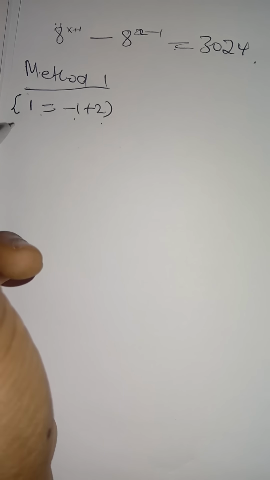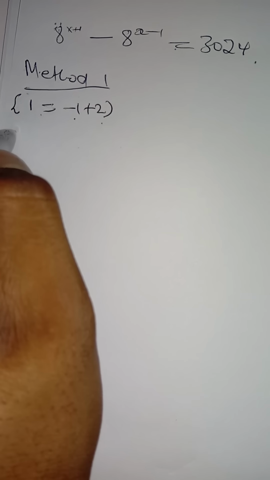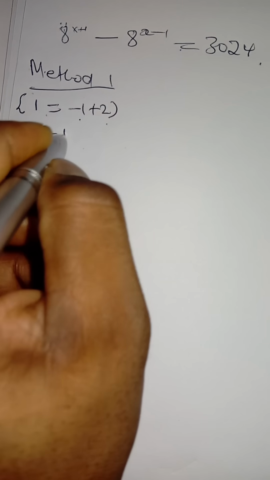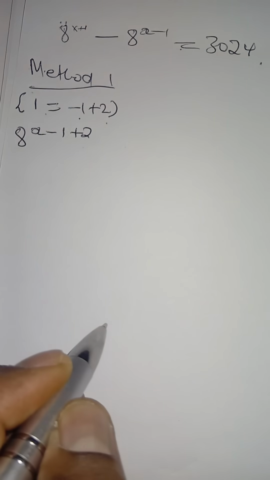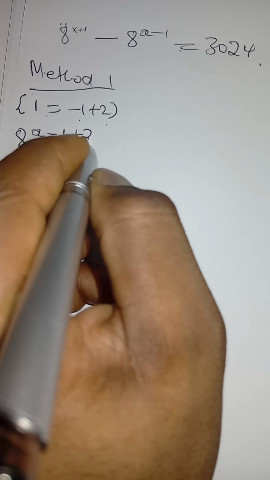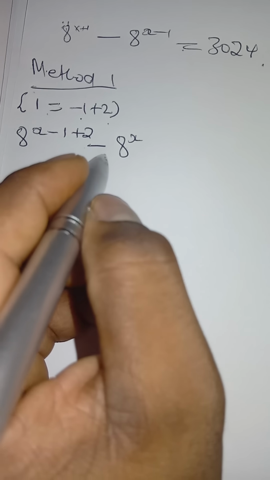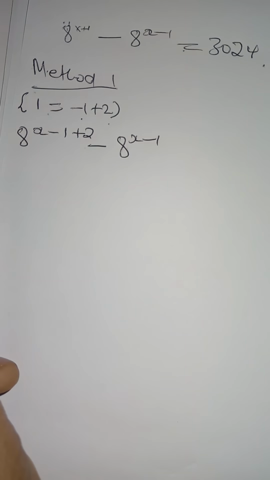So we're going to have 8^(x+1) minus 8^(x-1).